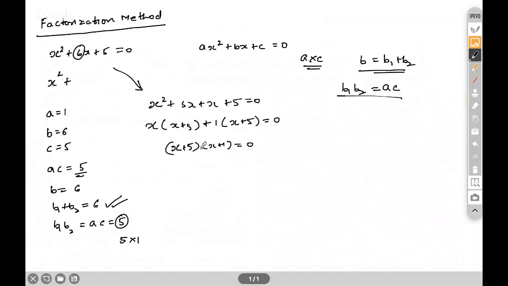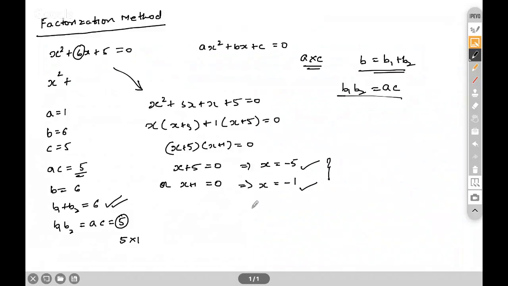Now, there are two factors whose product is 0. So it is possible only when x plus 5 equals 0 or x plus 1 equals 0. That means if this is true, then x equals -5. And if this is true, then x equals -1. Okay, so this is the solution. So hence x equals -5 and x equals -1 are the solutions.